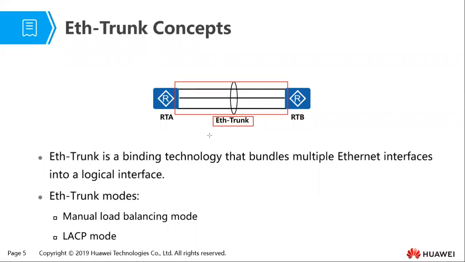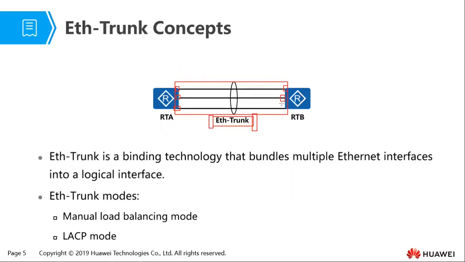On saving IP resources, you'll only have to assign a single IP address for this Ethernet trunk on both ends. Without using Ethernet trunk technology, you have to have 3 IP addresses between RTA and RTB, and also here, of course, you must have 3.